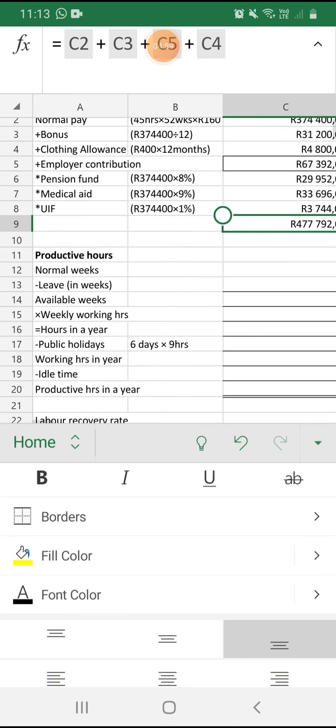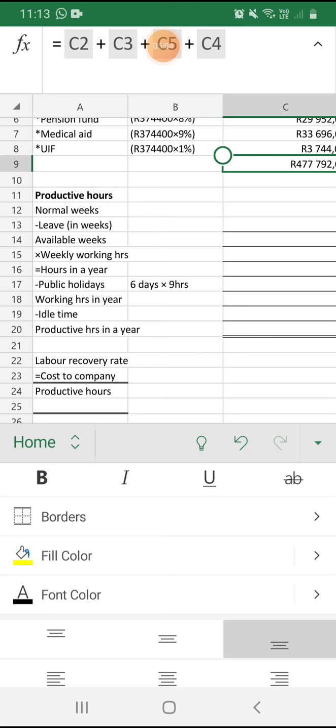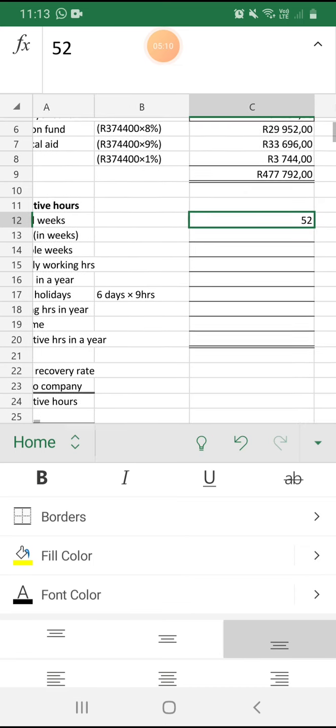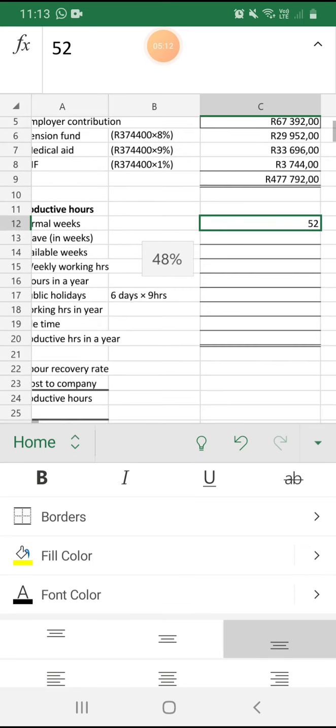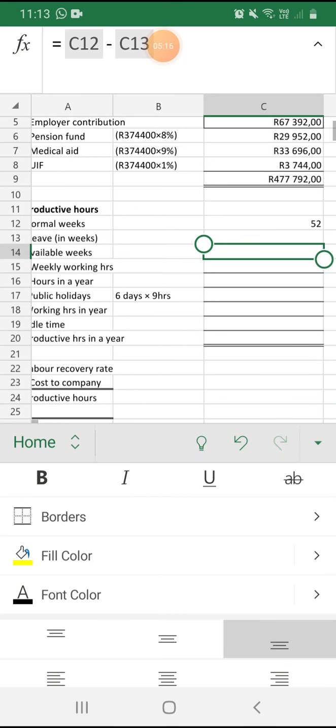So now we move on to our productive hours. We have the number of normal weeks, which is 52 weeks. And then we have our leave in weeks. Remember, they told us that the company closes for 2 weeks in December as well as 1 week in July. That gives us a total of 3 weeks in leave.